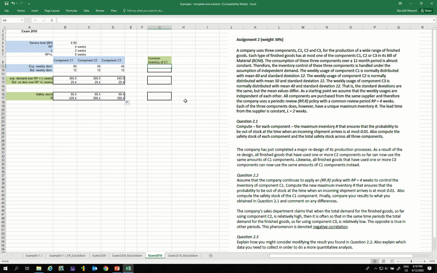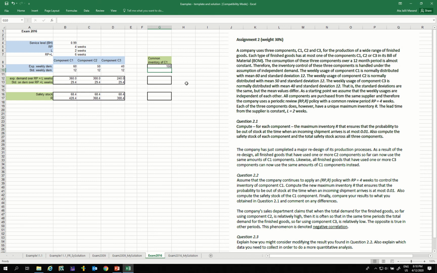To do so, first we need to calculate the average weekly demand for this common component. The average demand for the common component is the summation of the average demands for these individual components. So it is 150.